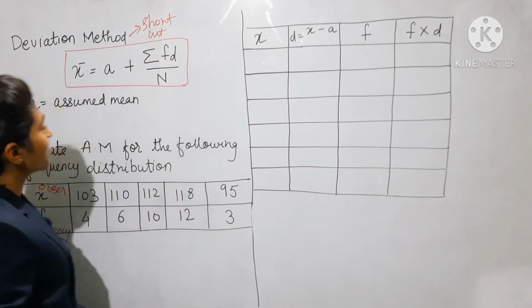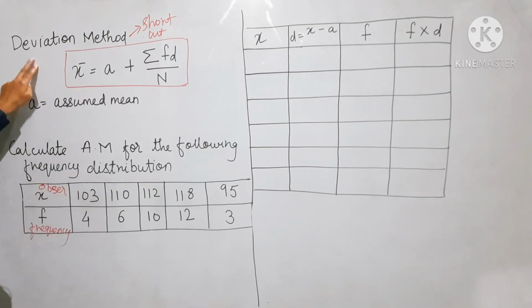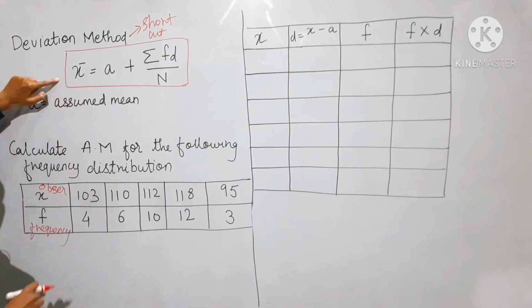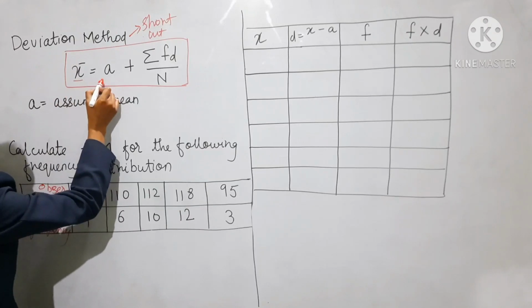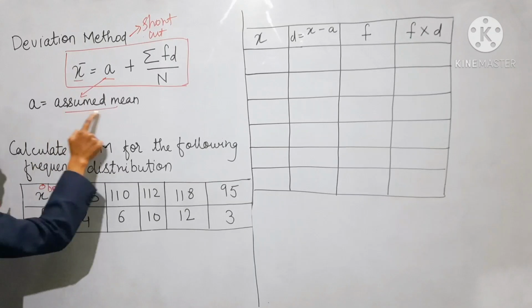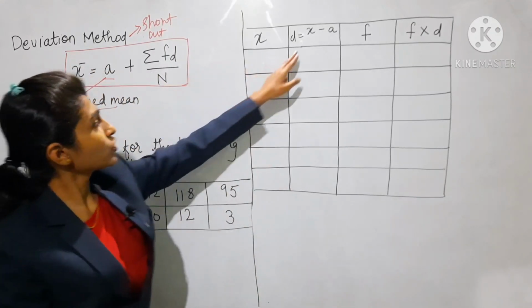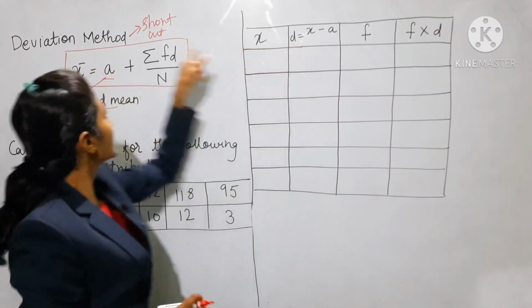or assume mean method. Now to find arithmetic mean by the deviation method, the formula is: x bar is equal to A. A means assume mean, which means we have to assume one number, and then we have to find D. D means deviation.